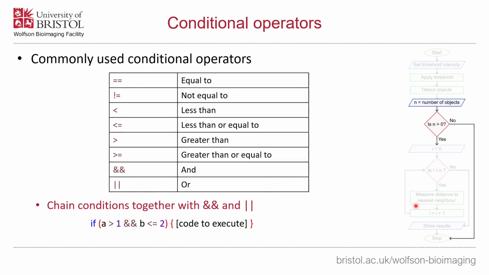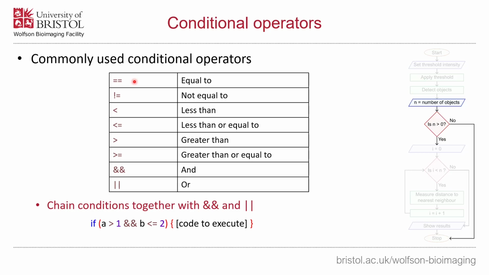The other thing that's worth mentioning are all the different conditional operations that we can actually use to check whether or not we should be executing that conditional block of code. So they're just listed out here for your reference. So obviously we've got the equals to. Important to note that this is a double equal sign, because the single equal sign is used for assignment, how we have been previously, assigning a variable.